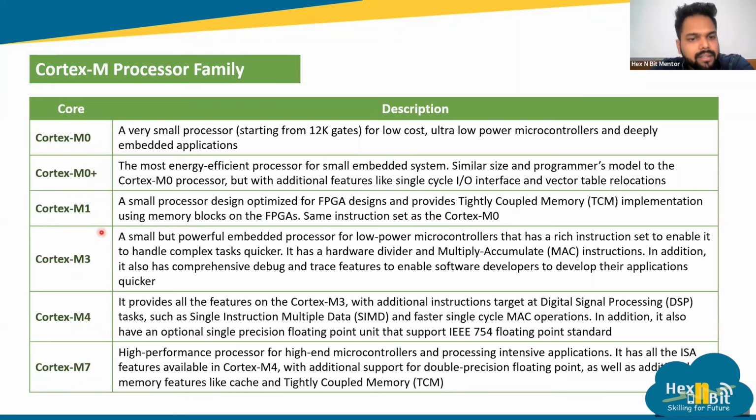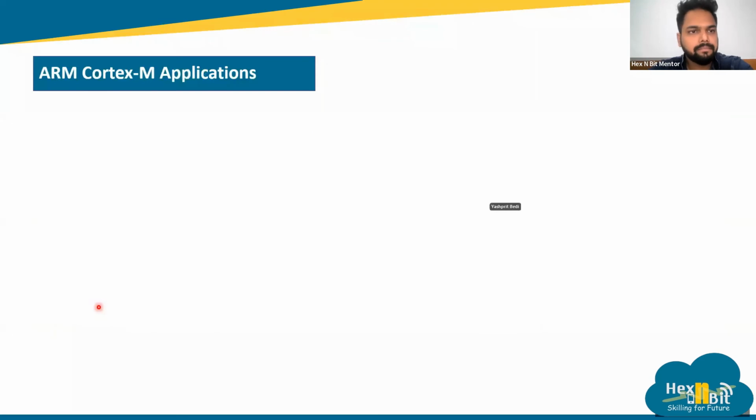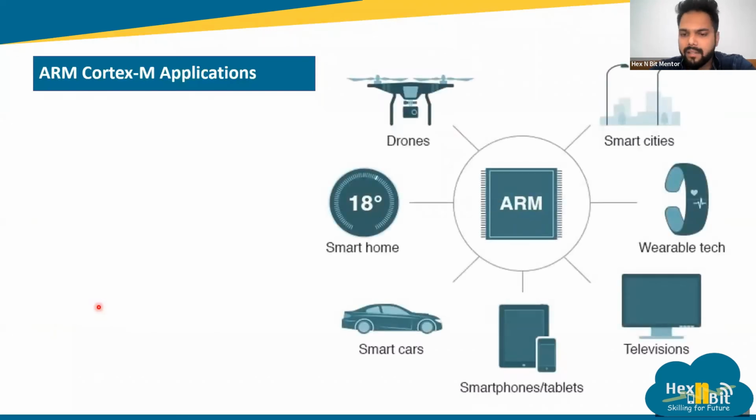So this is how the processors are increasing. They are working on the latest architectures, and those architectures are being adopted by the semiconductor industries in order to provide you the latest features required for product development. Okay, these are the basic things, like where ARM is used.